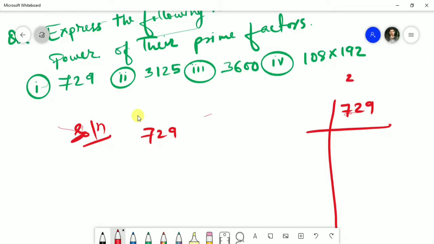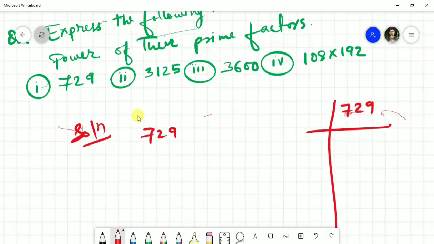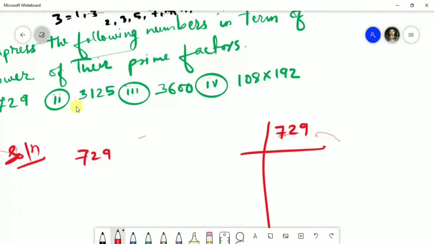So let's move on to the next number, 3. Can we say that we can divide by 3? For dividing by 3, it's very easy. What we can do is add 7 plus 2 plus 9. 7 plus 2 is 9, and 9 more is 18.